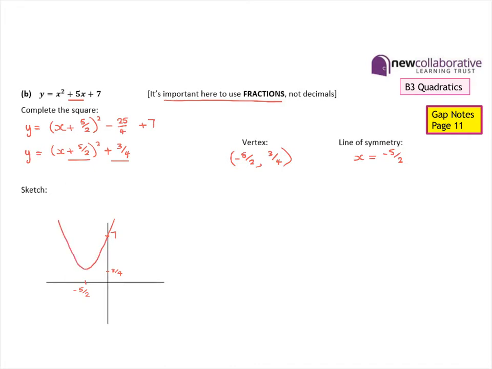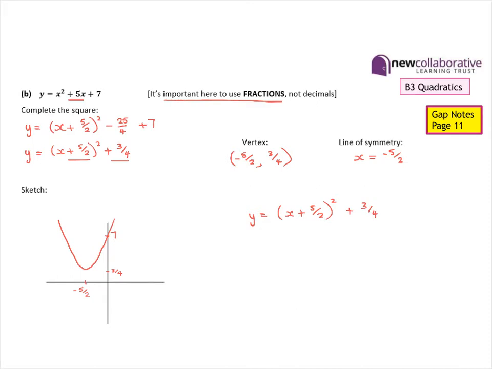Okay, this graph clearly has no roots because the graph does not cross the x-axis. And we can also see that by looking at the completed square form of the equation. So if we look at that in a little bit more detail, (x plus 5 over 2) squared plus 3 over 4.